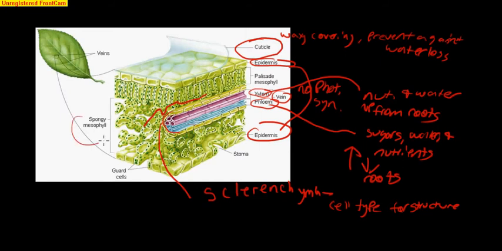Now you have two different types of mesophyll, spongy mesophyll and palisade mesophyll. Normally what you'll have is palisade, spongy, or palisade, spongy, palisade. Basically it's just two different layers. This has air spaces in between them, and this has no air spaces.